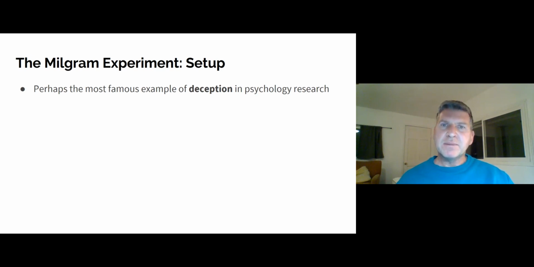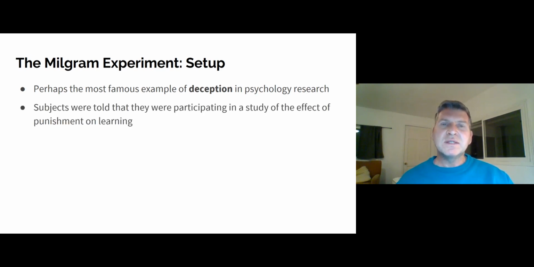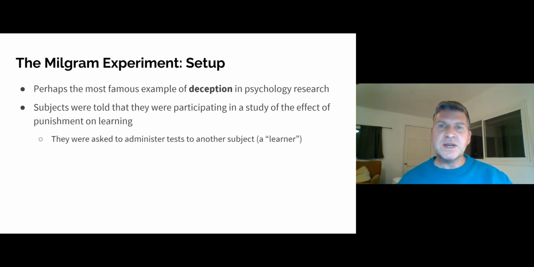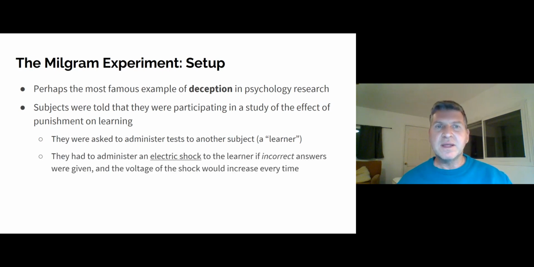The Milgram experiment is one where subjects were told they were participating in a study on the effect of punishment on learning. They were asked to administer tests to another subject, called the learner. They had to administer an electric shock if the learner gave an incorrect answer, and the voltage would increase every time.